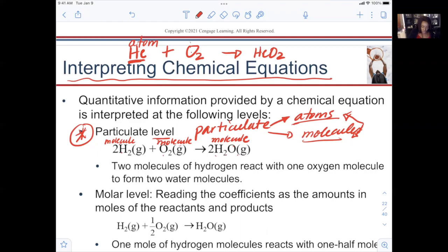And then for oxygen, you use molecule. And for the product, because it's a compound and there's no metal here, you will use molecule. So you use atom when the formula you're looking at has individual units that are just individual atoms, not molecules.